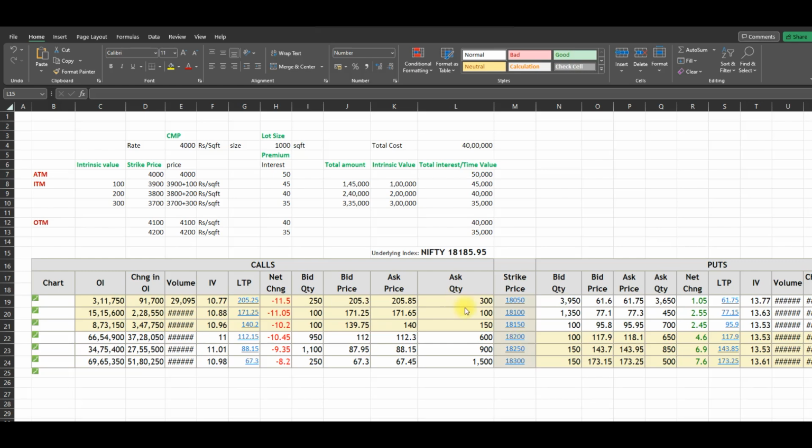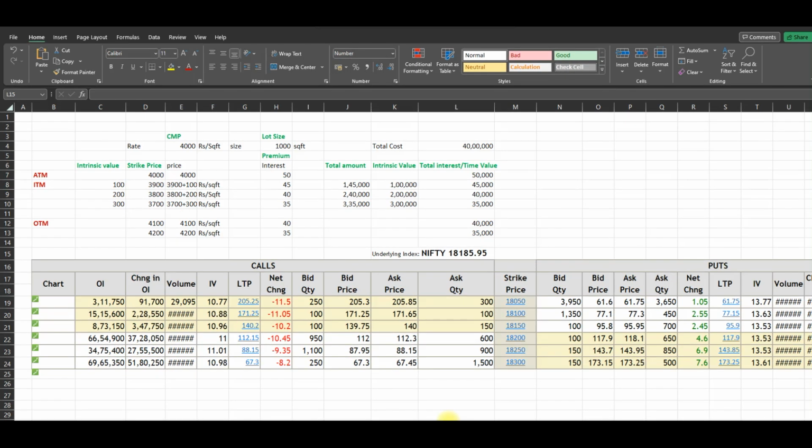From the calls perspective, the strike prices marked in yellow are all called ITM, that is 18,150, 100. And the strike prices marked in white are called OTM, 18,250, 18,300. From the puts perspective, strike prices marked in yellow, that is 18,250, 300, are all called ITM, and strike prices marked in white are all called OTM.